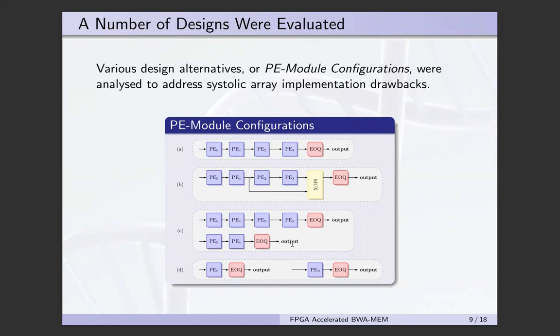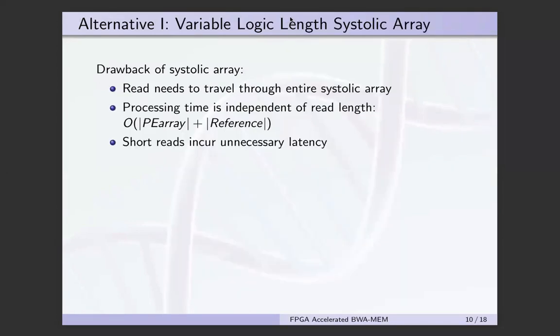This is what we call variable physical length systolic arrays. And finally, we can create a large number of systolic arrays, each with an individual processing element, each of them processing a single entry in the scoring matrix. In the following slides, we will discuss each of these alternatives in a little bit more detail.